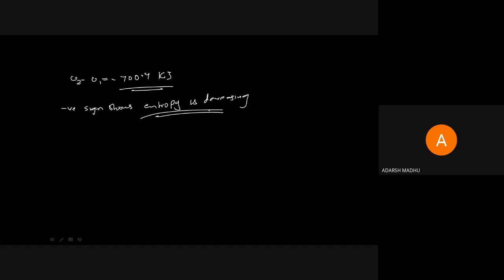So this is the method of solving problems using the data book. Pressure or temperature will be given in your problem. You just need to find out which table you want to go to and which value you want to take. It depends upon the question, on what you want to find out. Here you want to find the internal energy, U2 minus U1.